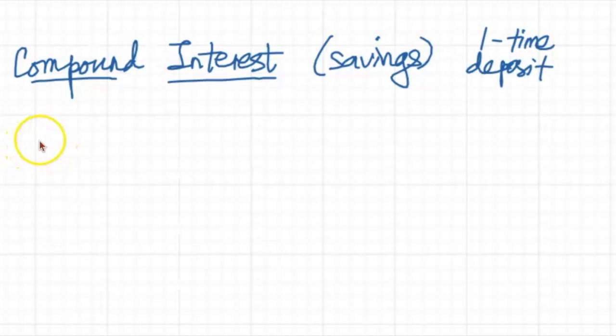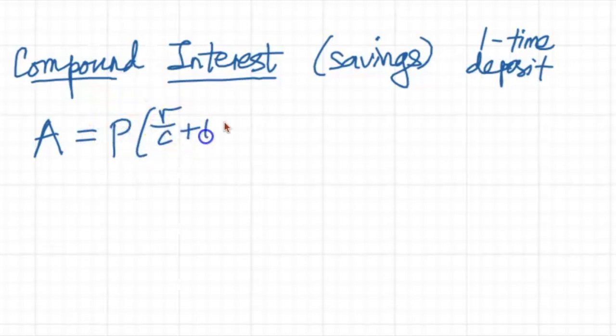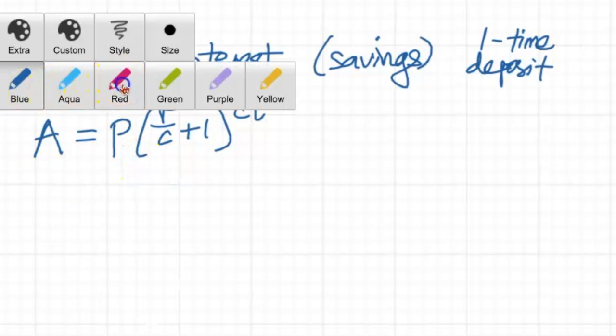The equation we normally use for compound interest looks as so, and we'll talk about each component of it and look at a problem related to it. We have A equals P times (R over C plus 1) raised to the C times T power.